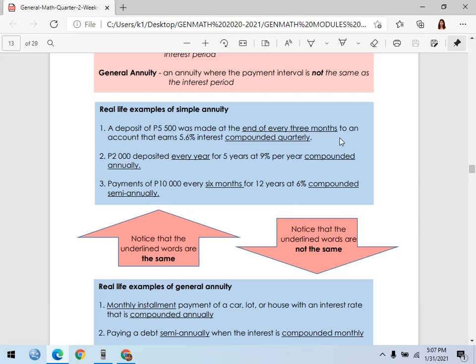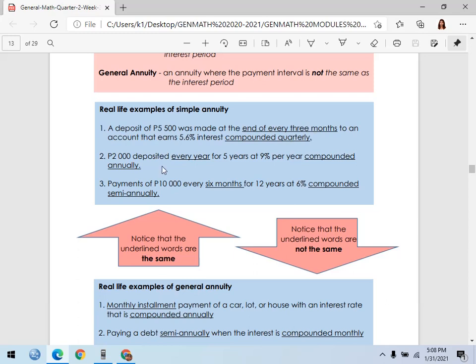So, kung every 3 months, that means 4 times a year. And then, yung interest naman is 5.6% interest compounded quarterly. And compounded quarterly means 4 times a year yung pagbibigay ng interest. So, since same yung interval ng pagbabayad and pagbibigay ng interest, therefore, this is an example of simple annuity.